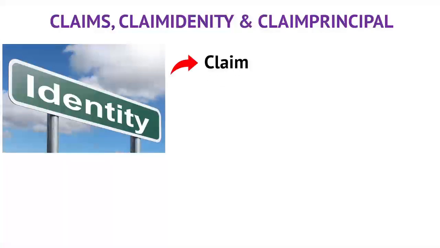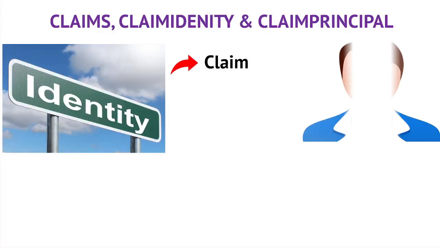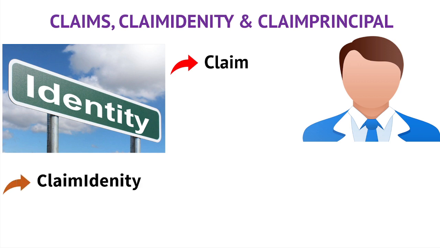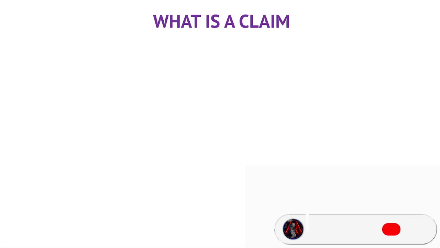ASP.NET Core uses claim-based authentication, and we are going to discuss these three important items today: the claim, claim identity, and claim principal. I want us to be very keen on this video so that you're able to understand what a claim is. This is where everything makes sense when it comes to ASP.NET Core Identity.